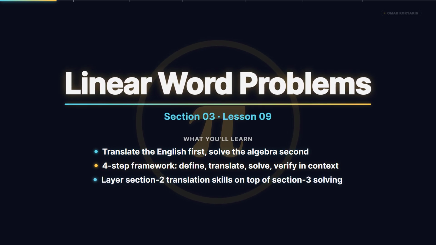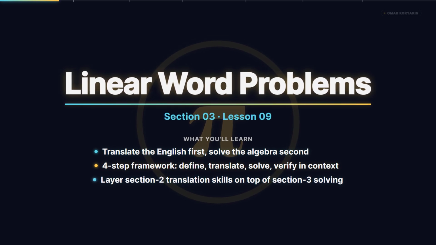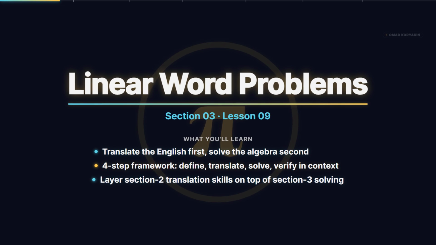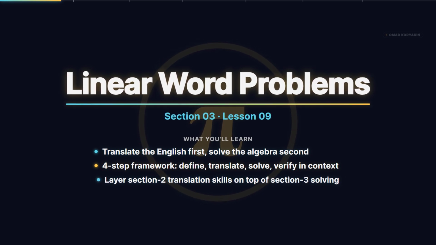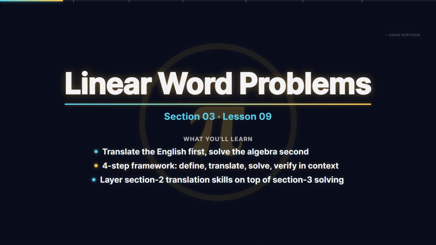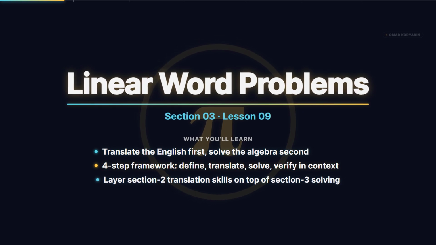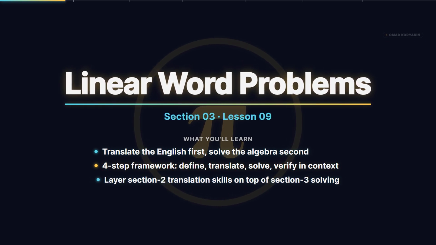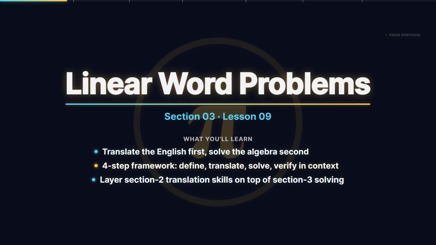The verification step in step 4 is even more important on word problems than on plain equation problems, because the algebra to English translation can be wrong even when the algebra to algebra solving is perfect. The verification consists of plugging the numerical answer back into the original English description and checking that the described situation makes sense and is internally consistent.